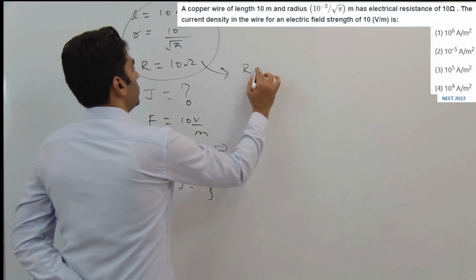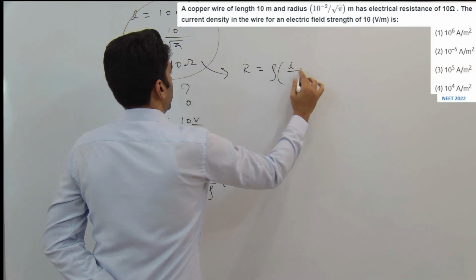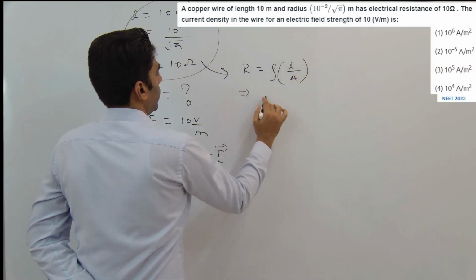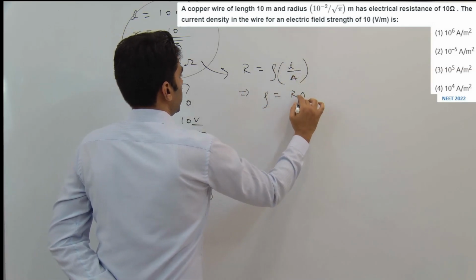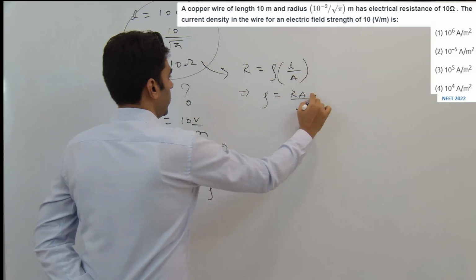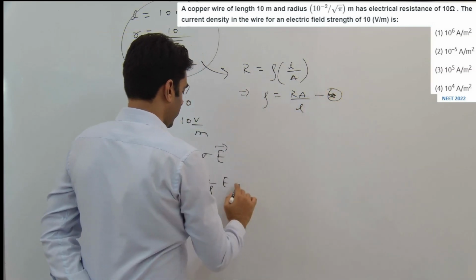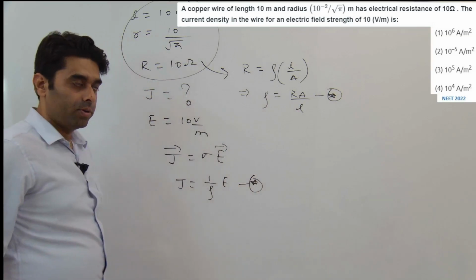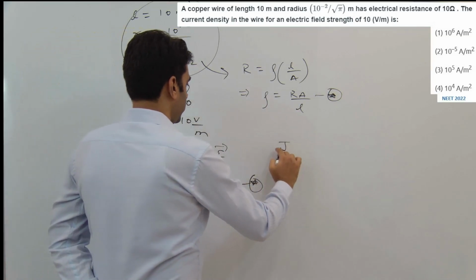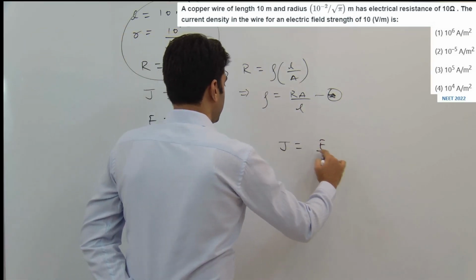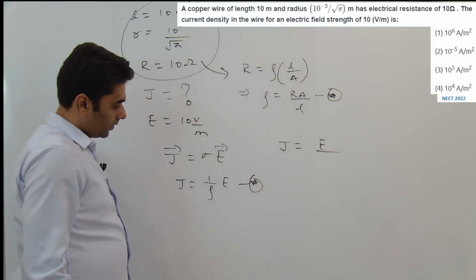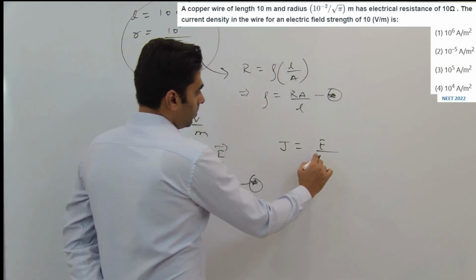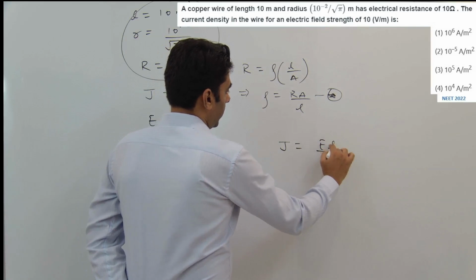R is equal to rho L by A. From this I can write rho is equal to resistance A by L. Fine. Over here we have got this and this equation. Let us substitute the two equations. So J is equal to E by rho, and rho value is RA by L, which goes into the numerator.